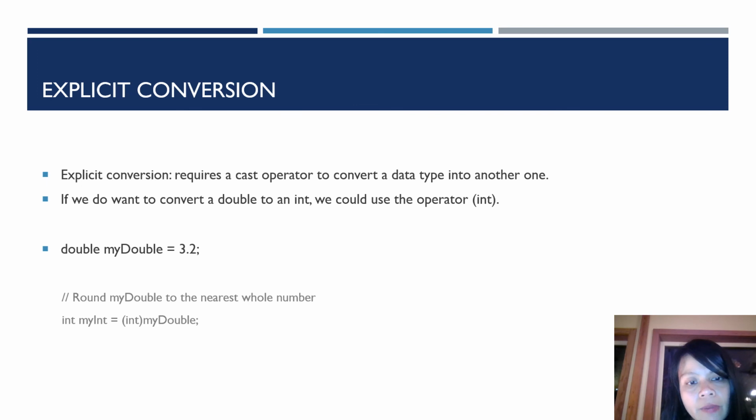And if you're trying to round it to the nearest whole number, you can go int myInt, the variable name, equals (int) myDouble. So the int in brackets, that's the operator. You can use that to convert it. And that is an explicit conversion.